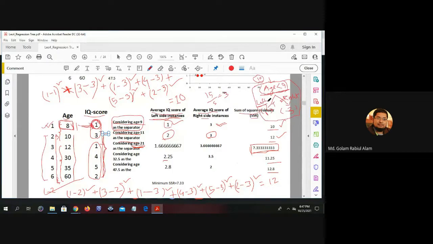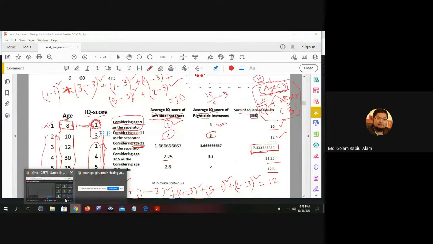If this is our tree, then age less than 9 is no, so we have to move right, and we say the predicted IQ score will be 3. So this is the prediction. The prediction is 3.